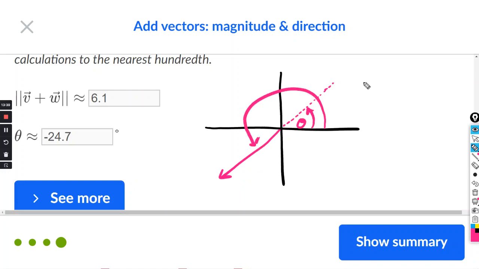Okay, so you have to find out which quadrant you're in at the very end, and you may have to add or subtract 180 from your answer when you do the inverse tan.